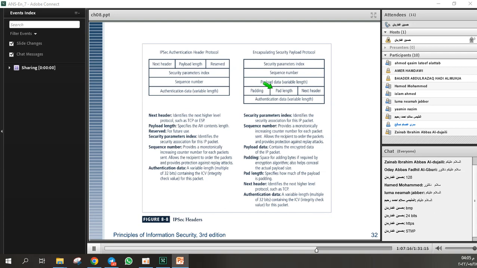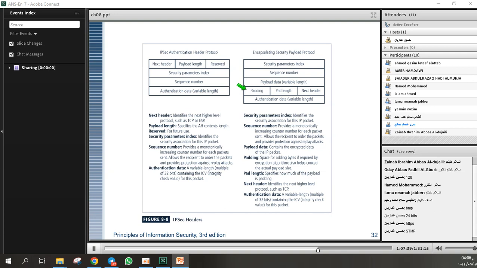You know, even here we are using padding or pad length fields. Why? Because I'm trying to encrypt the whole message, the whole packet completely as a block. I'm encrypting the whole packet.